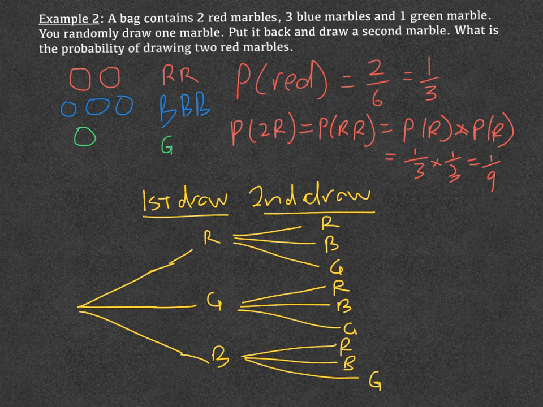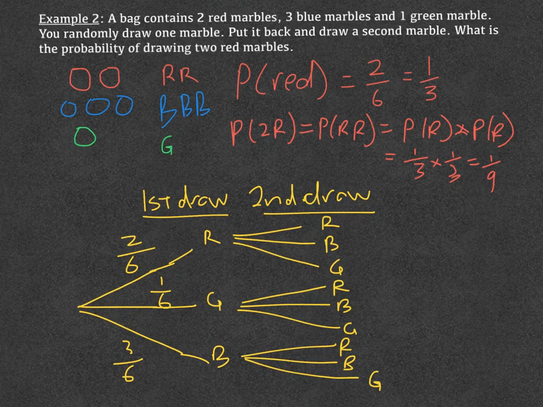So for the first draw, the probability of drawing red will be 2 out of 6. I will just leave it without simplifying and we'll see why I do that. And the green will be 1 out of 6 and blue will be 3 out of 6. When I draw a tree diagram, I'm not usually in a hurry to reduce the fractions.